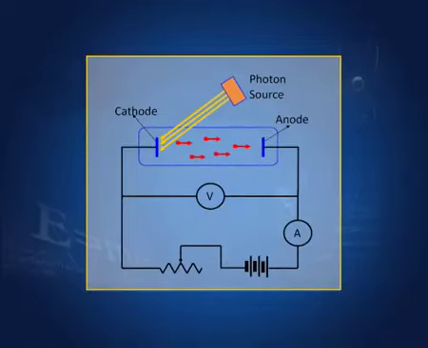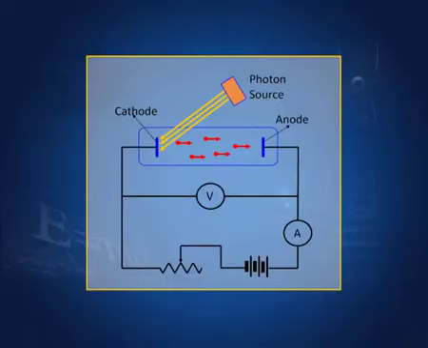Another thing that you need to know is this: as soon as the frequency is equal to or higher than the threshold frequency, as soon as the photons are incident on the cathode, immediately, without any lapse of time, we have the current.